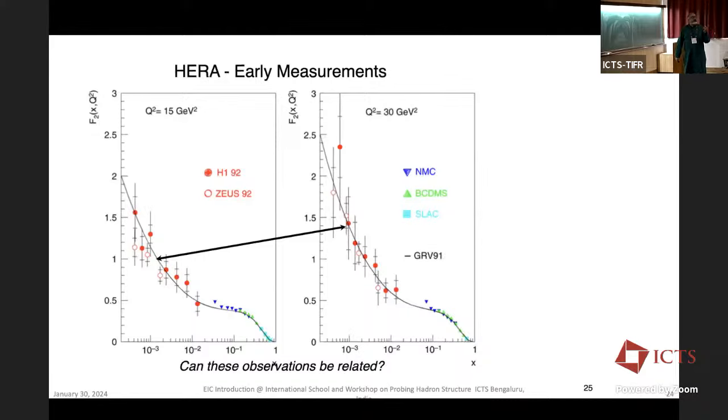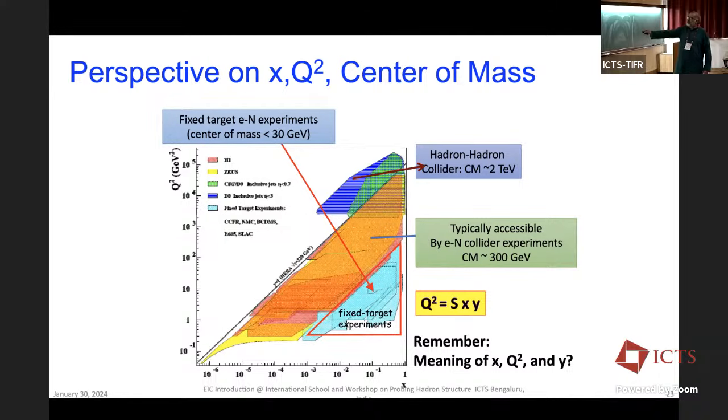What they measured was the F2 structure function at different values of Q squared. You could measure the F2 structure function here, here, and here. I mentioned to you, this is Q squared. What is Q squared? It's the resolution of your probe. Remember that? The larger the Q squared, the smaller the wavelength with which you're measuring things.